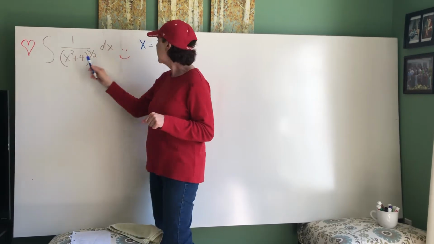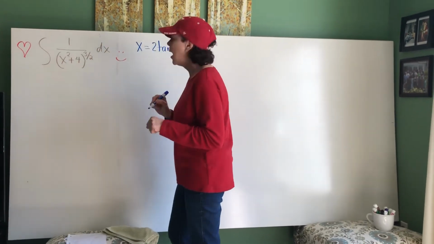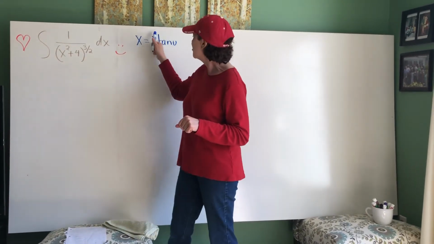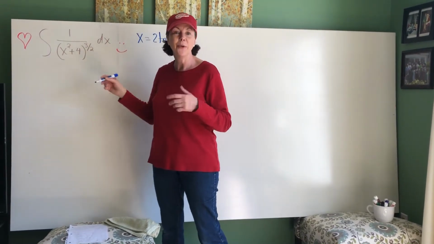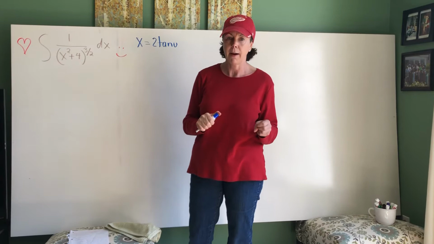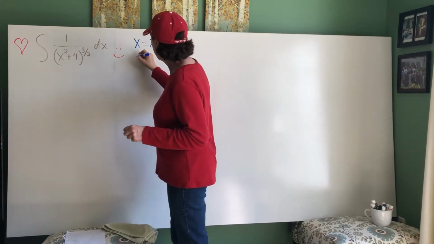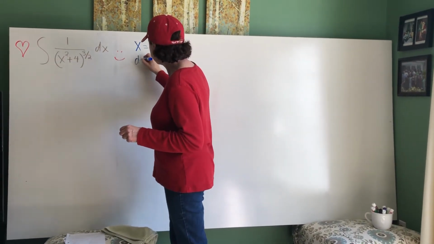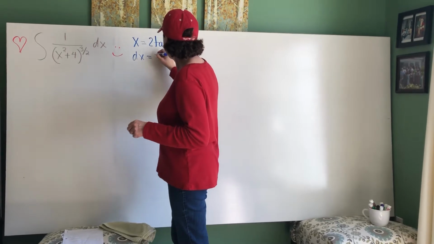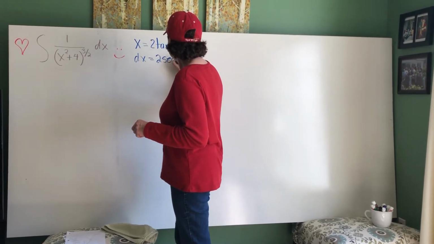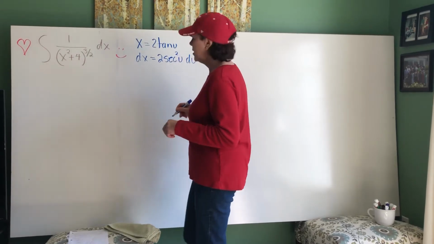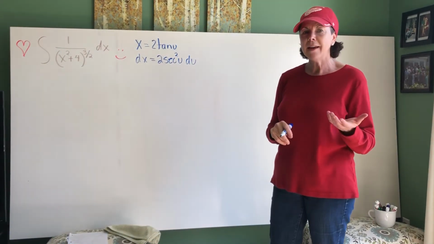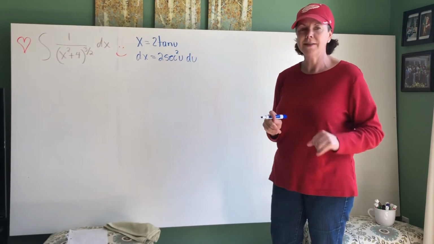So that means that I'm going to put a 2 on my tangent u, because when I square 2 tangent u, I'll have 4 tangent squared u, and now I can factor out that 4. That would make our dx then a 2 secant squared u du.